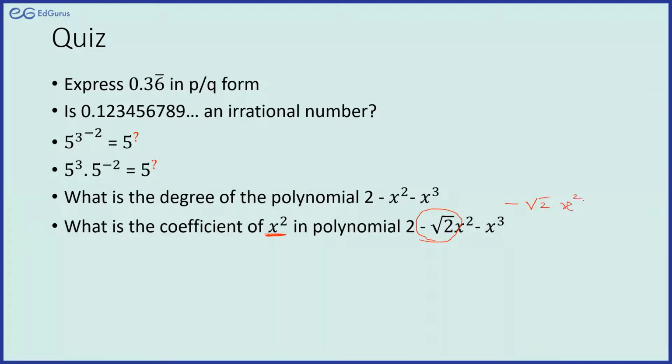The term is this, and its factors are minus root 2 and x square. What is the constant factor? Minus root 2, not just root 2. Minus root 2 is the constant factor. That is the coefficient of x square.